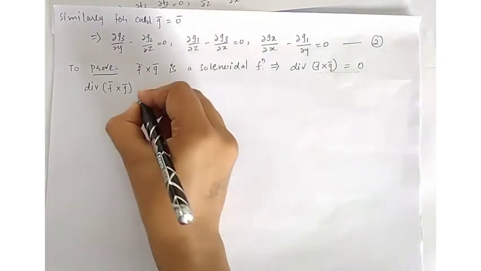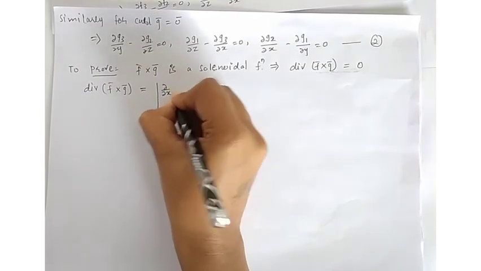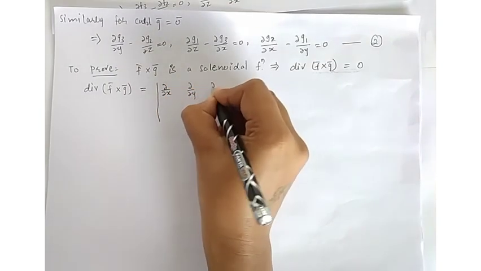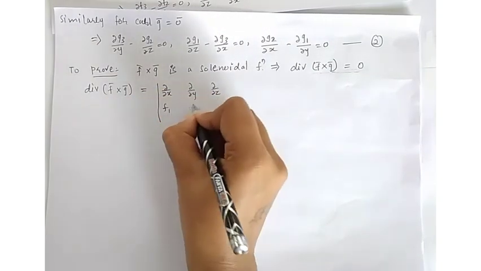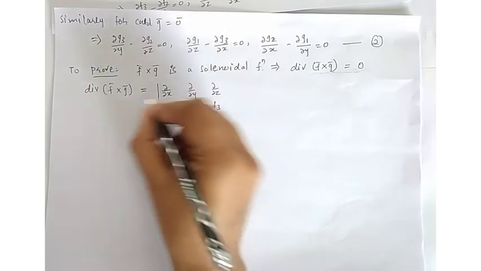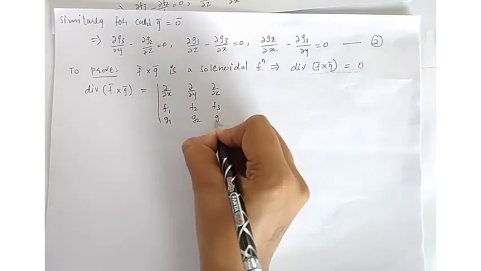So divergence of f bar cross g bar is equal to the determinant of del by del x, del by del y, del by del z; first row f1, f2, f3, and second row, g bar, that is g1, g2 and g3.